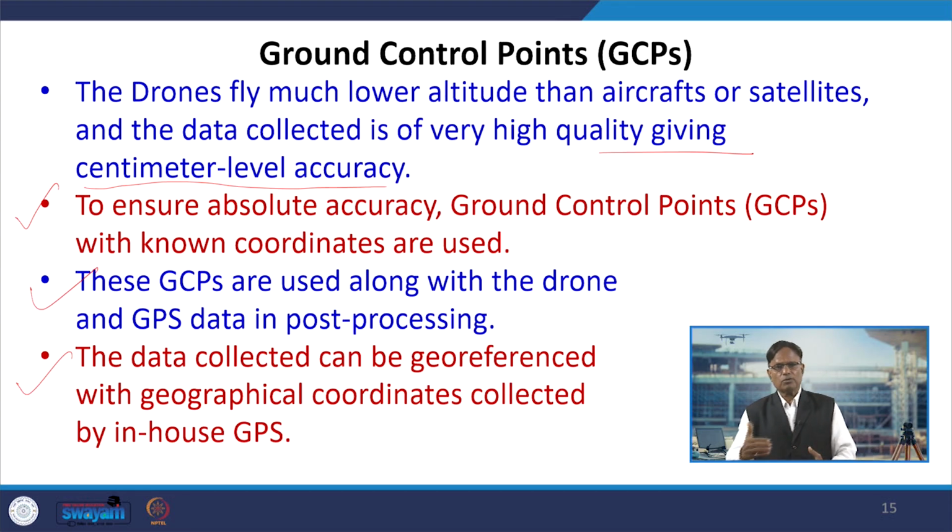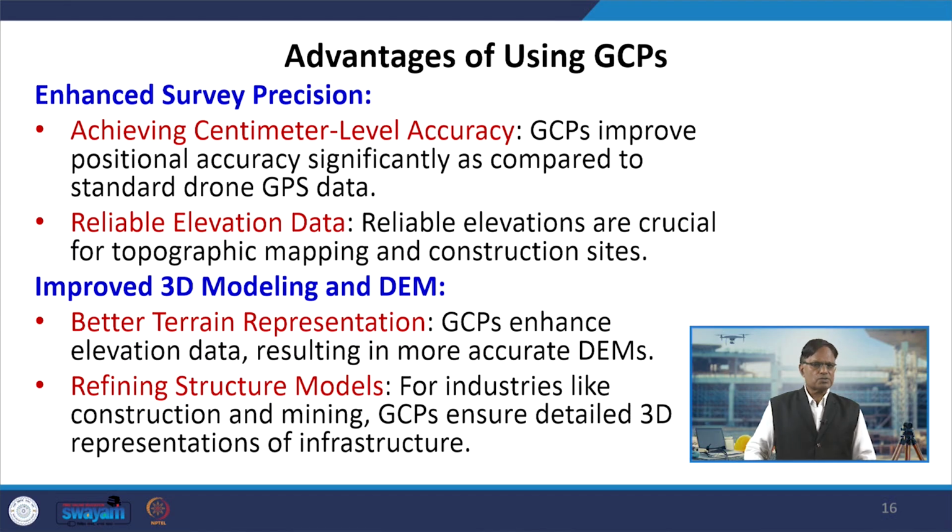So, we may have to carry out a separate survey in order to know the coordinates of these GCPs using a GPS survey. There are several advantages of using these GCPs in our drone survey approach.